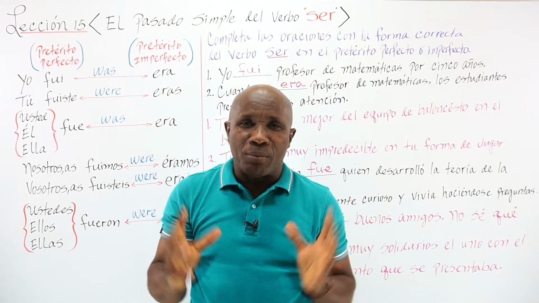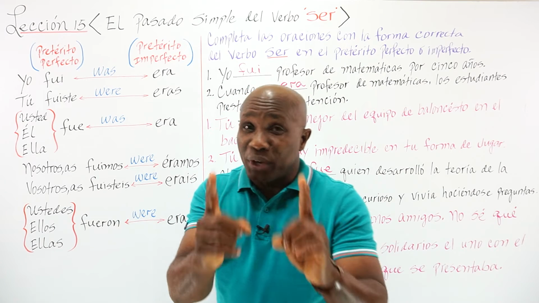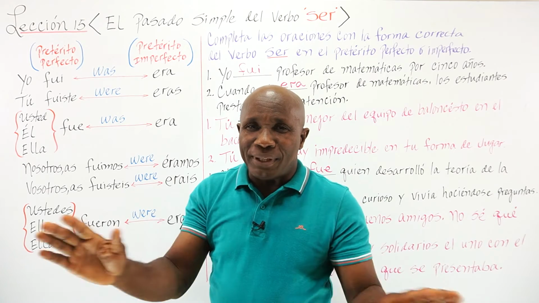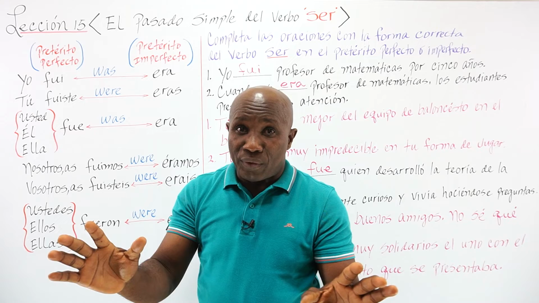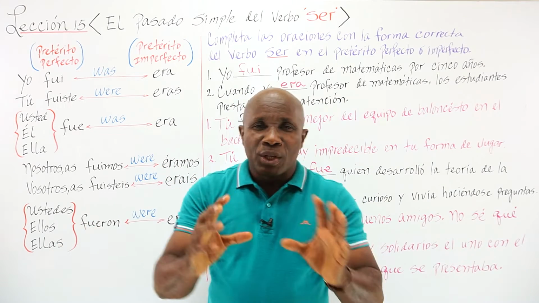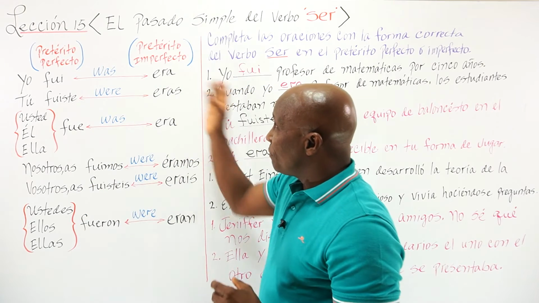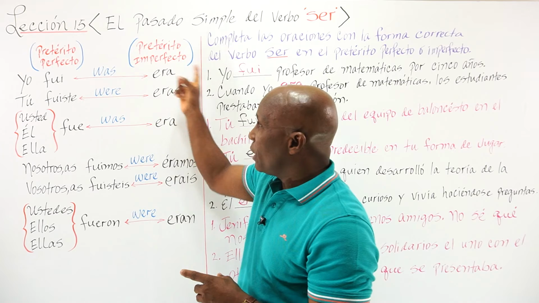I'm not hairy anymore, right? So I'm not trying to be funny. This is really a situation, right? It happened, right? For some period of time. It's over with, right? I'm not hairy anymore. So I think I put that in perspective there, the difference of preterit perfect and preterit imperfect.